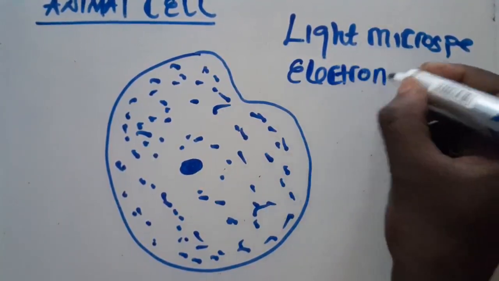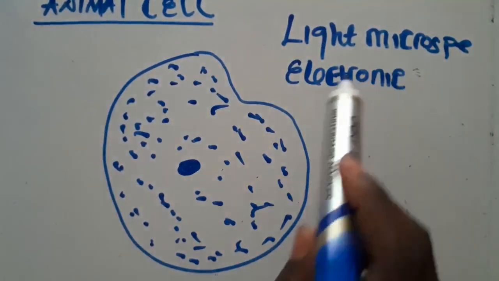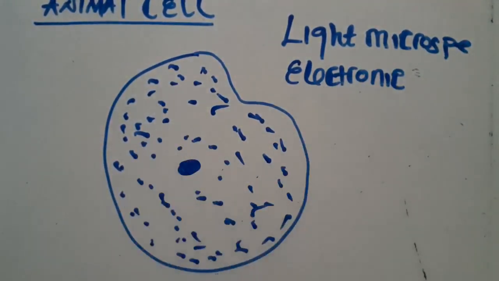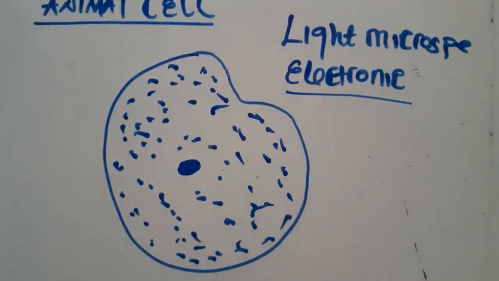We said that a light microscope is able to view these cells in a simple way, meaning that some of the parts of cells are not seen. But when we use an electronic microscope, that's where we are able to see other parts.